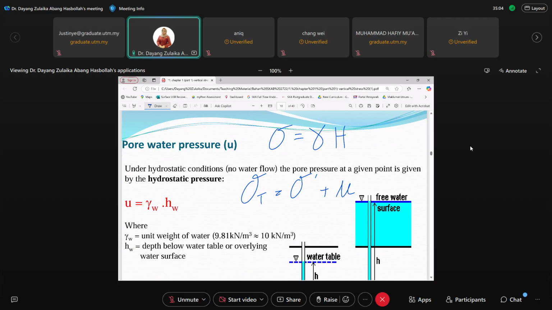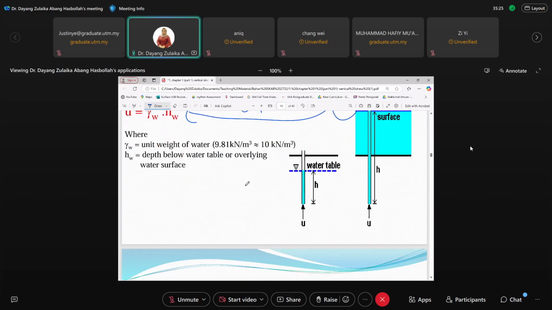Just now we calculated total stress. Now we calculate the pore pressure. How to get the pore pressure is using this formula. It is the same as this: unit weight of water times height of water.